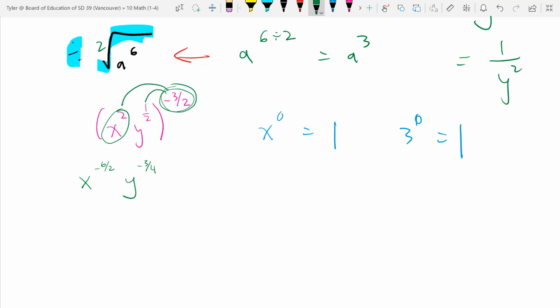And then again, you just need to simplify. So these would change into x to the negative 3 and y to the negative 3 over 4, which doesn't simplify. I'm going to deal with the negatives, so I'm going to move them to the denominator. So it becomes like this. And depending on the question, you could change that into a radical, and it would become something like this.